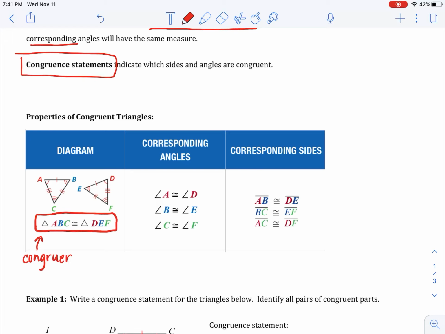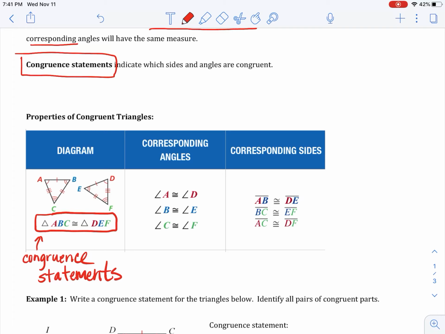And what's really important about a congruence statement is that the order they are writing the letters is trying to tell you which sides have the same measure in both triangles and which angles have the same measure. So notice how in the first triangle there's an A, a B, and a C, and in the second triangle there's a D, an E, and an F.